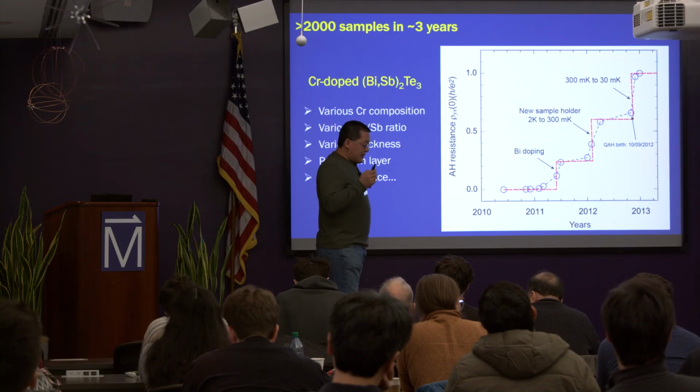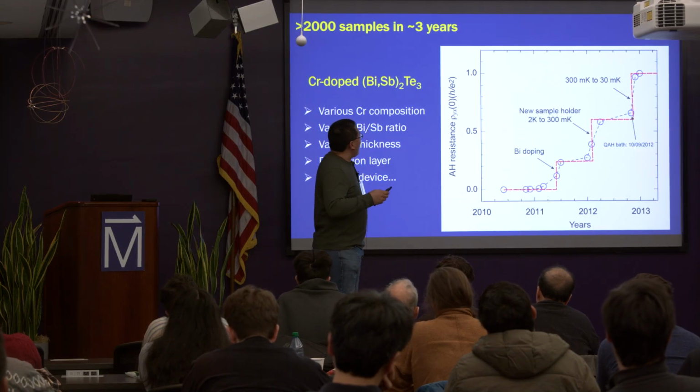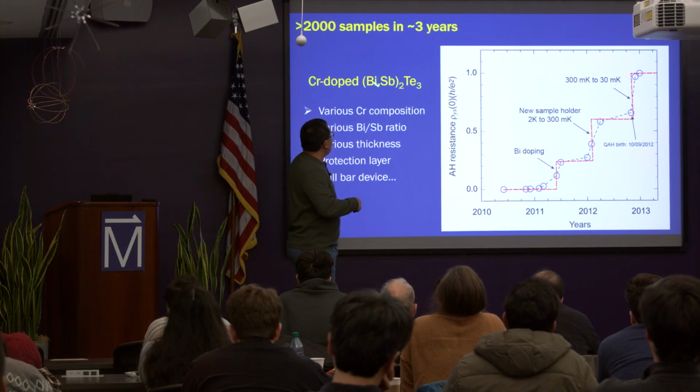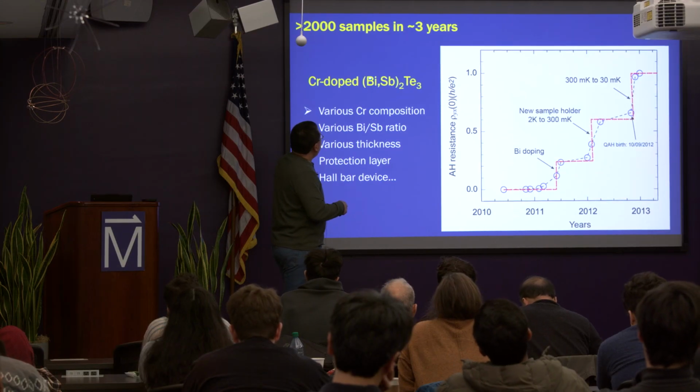In my PhD, I spent almost 4 years growing chromium-doped bismuth antimony telluride samples. Why did we choose these samples?